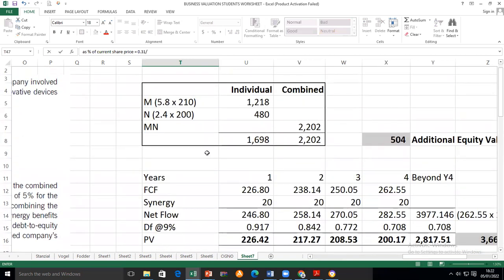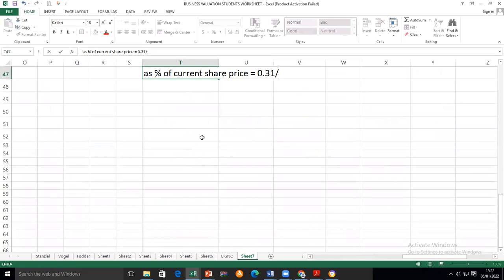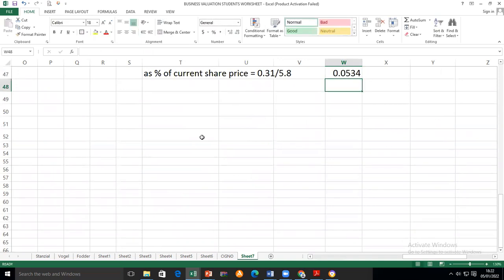Let's pick the current share price, 5.8. So you say 0.31 divided by 5.8. So that's 5%.